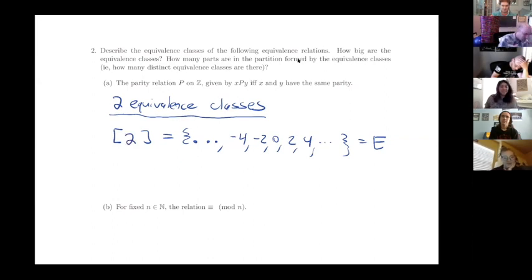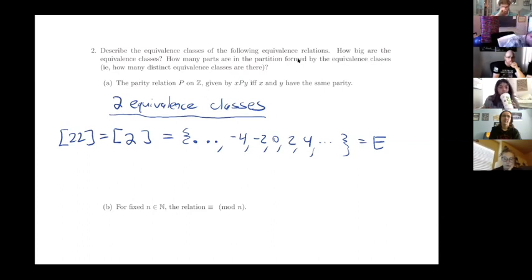So we could pick 2 over here. It's no different than if you were to pick 22 or anything else. So there's nothing special about the representative that you pick. You just need to pick one element that's in that set. So this would be one way to describe that equivalence class. You can just call it the set of all even numbers.